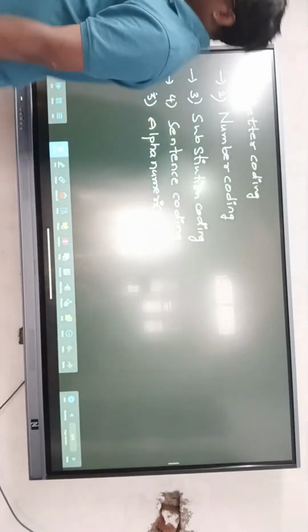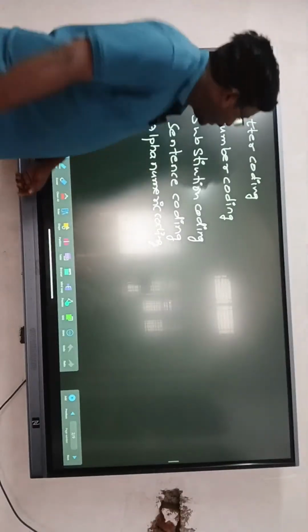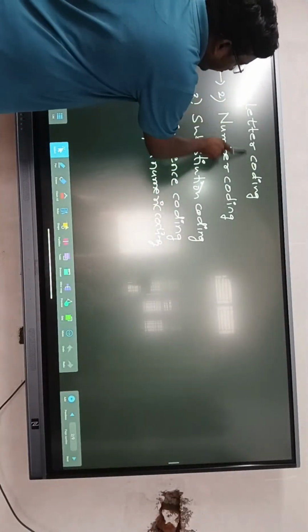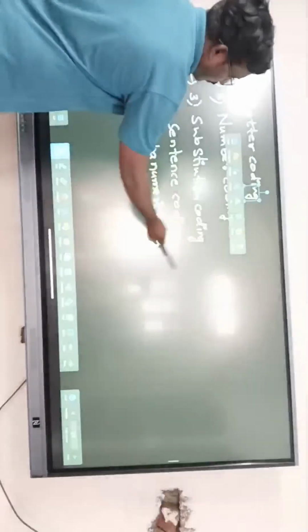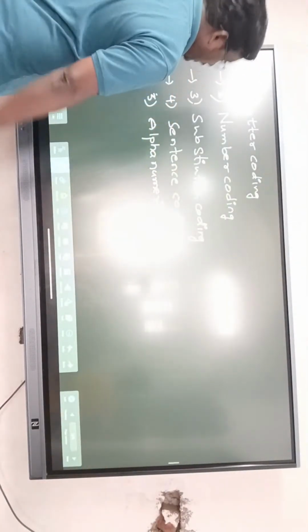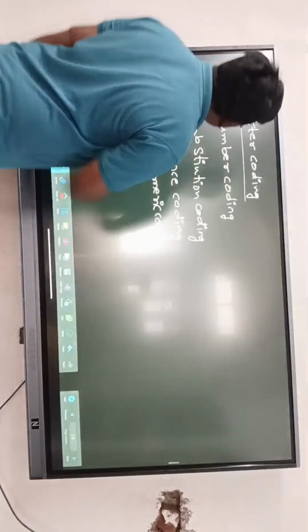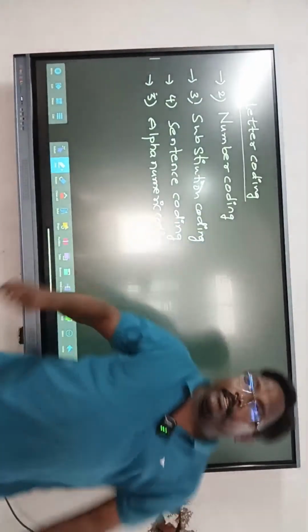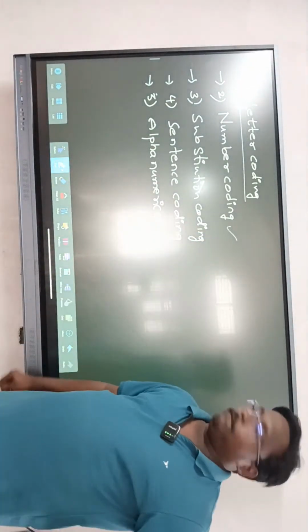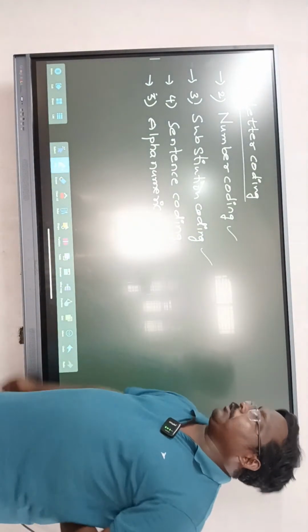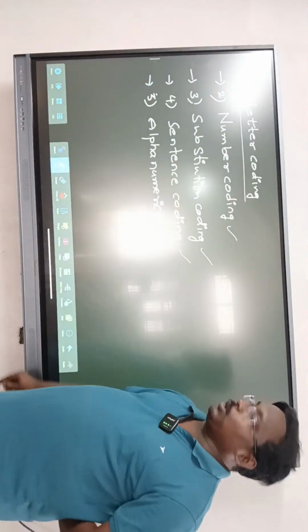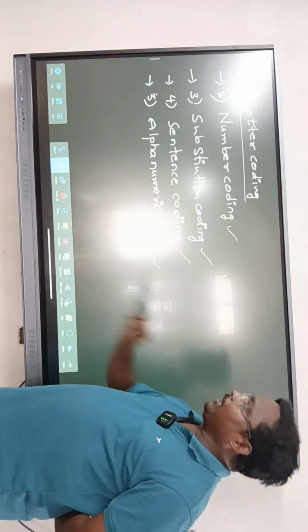What types of codes do they have here? First one is letter coding, second is number coding, then substitution coding, sentence coding, and alphanumeric coding.